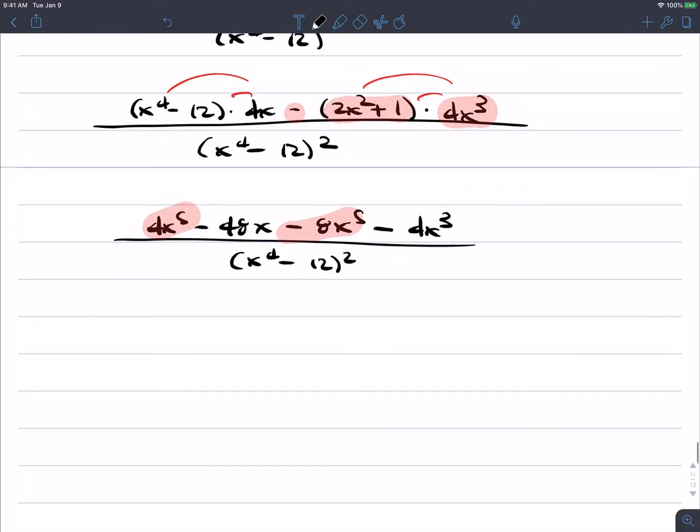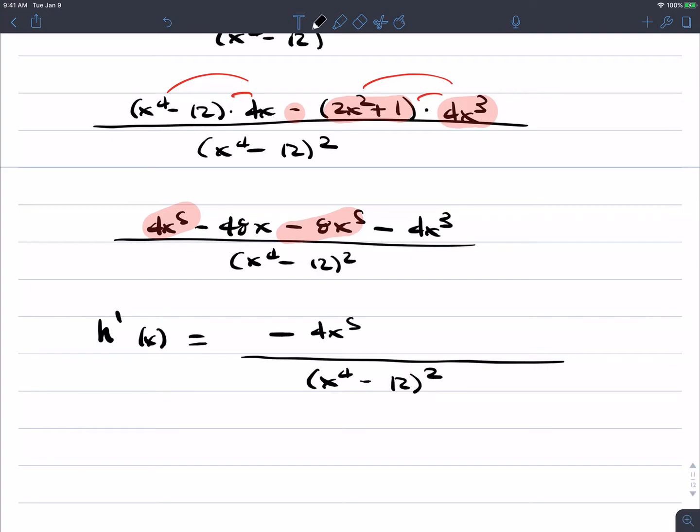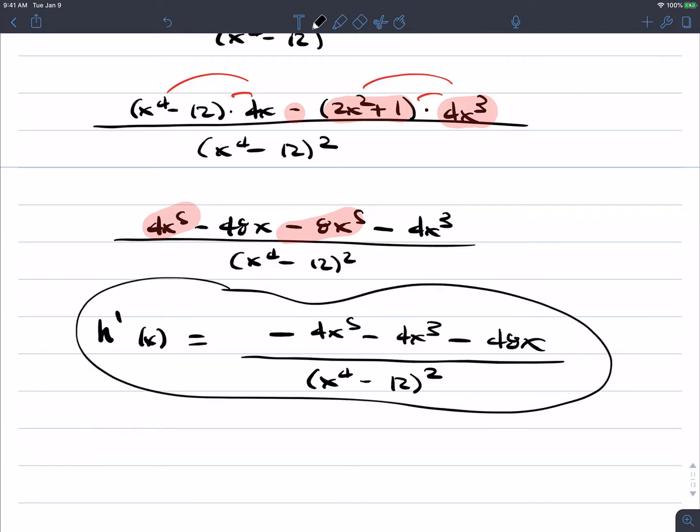So our final answer here will be h prime of x equals, over x to the fourth minus 12 squared, minus 4x to the fifth minus 4x cubed minus 48x, because we combined these two terms.